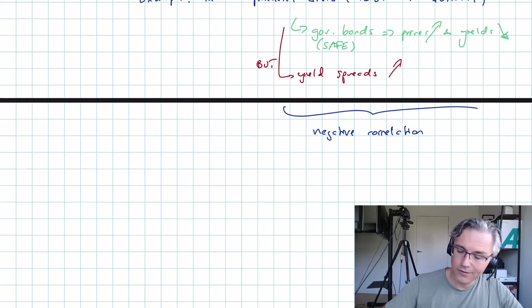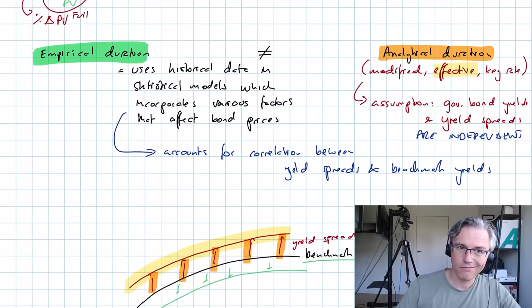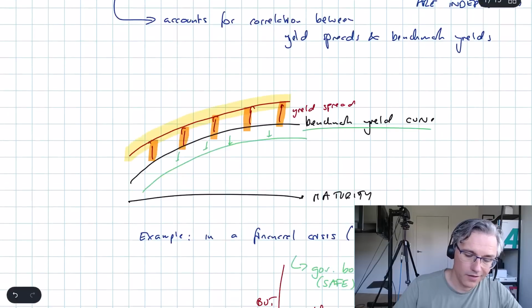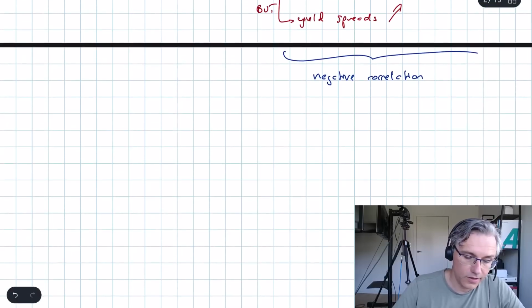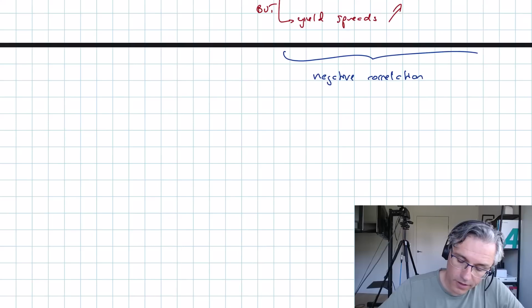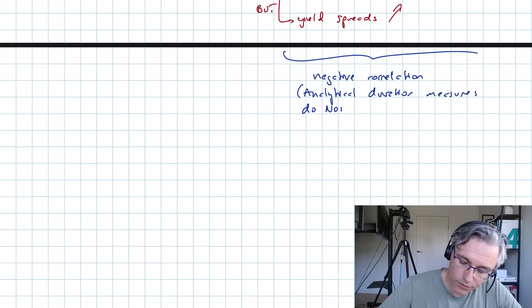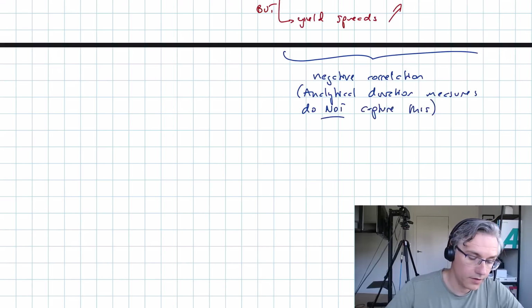And analytical duration measures fail to capture that relationship, right? They assume the two things are completely independent, one has no bearing on the other. So negative correlation, let me say, analytical duration measures do not capture this effect.